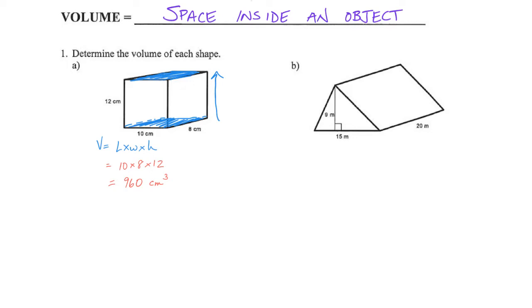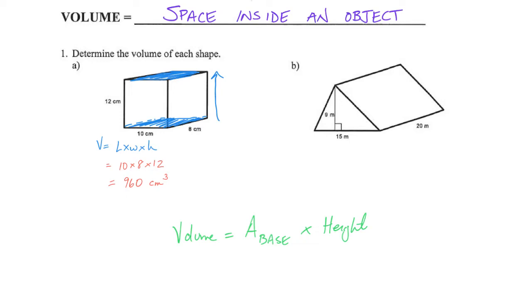So, a lot of us don't necessarily understand that there's actually a shortcut formula for all your volumes of your prisms. Your volume is the area of the base times the height. And as I said, we're going to get this down in very formal terms in a bit.